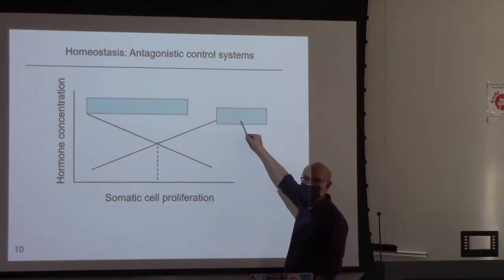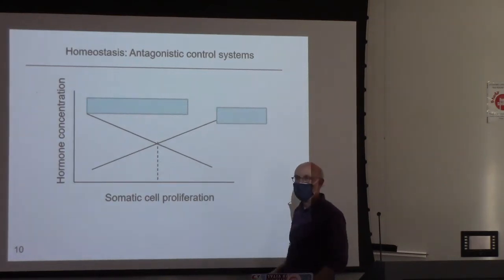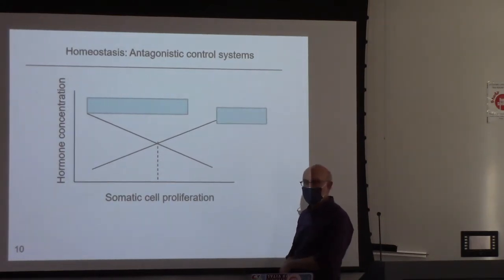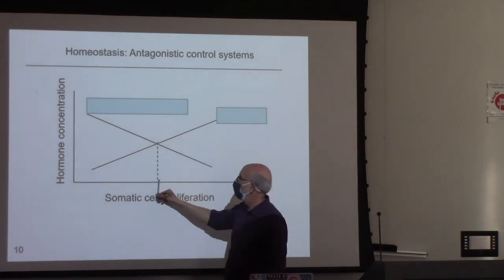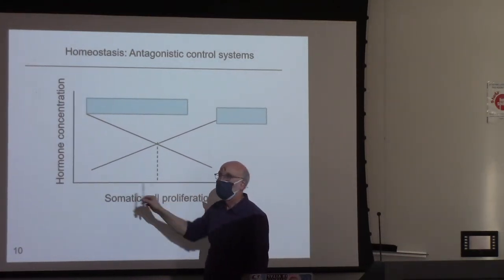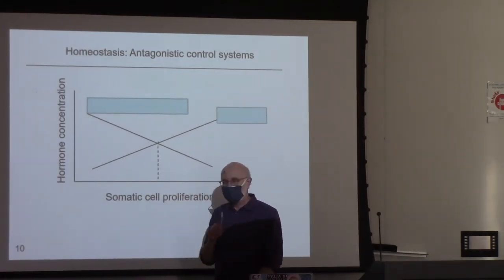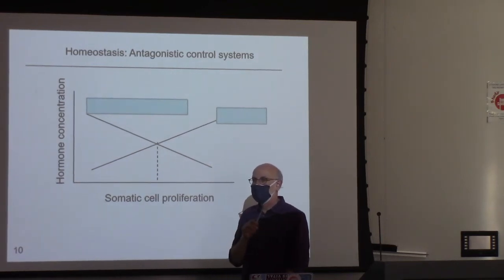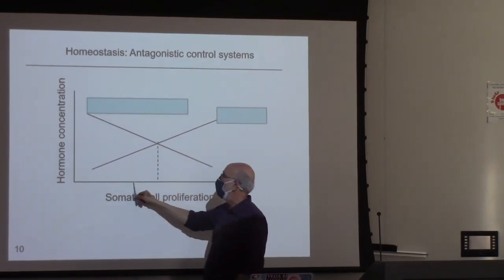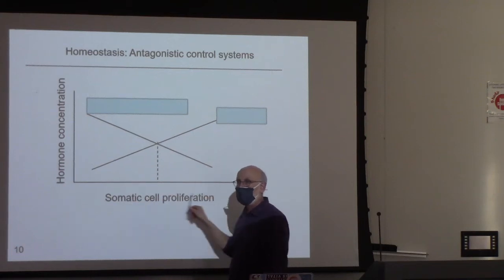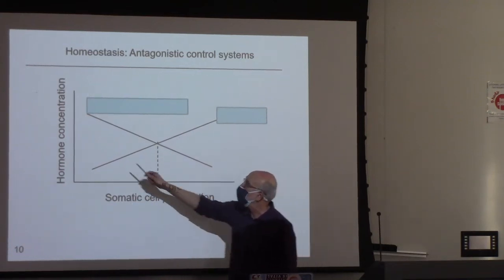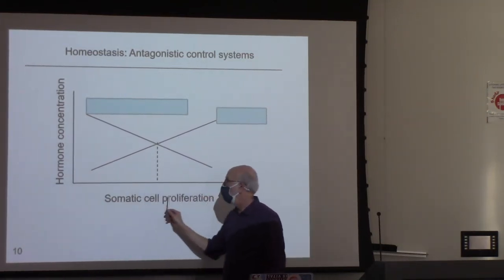Is that clear, Vincent? Yeah, I think I was looking at it like when there is low cell proliferation, then growth hormone would be inhibited. But this is what you want to increase. So that's an important point. This is not what causes cell proliferation. This is the response to this.